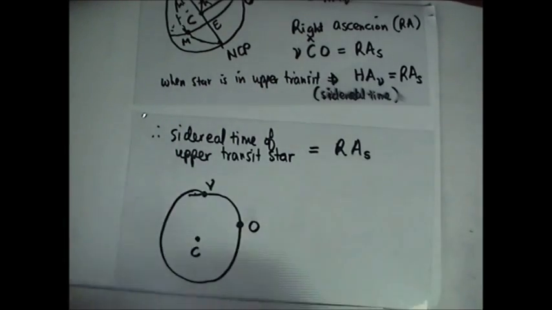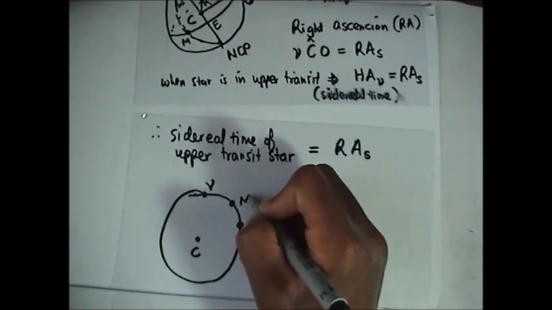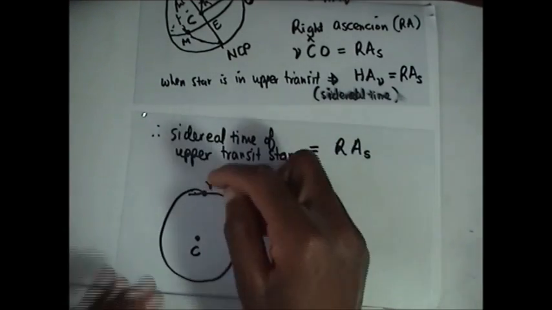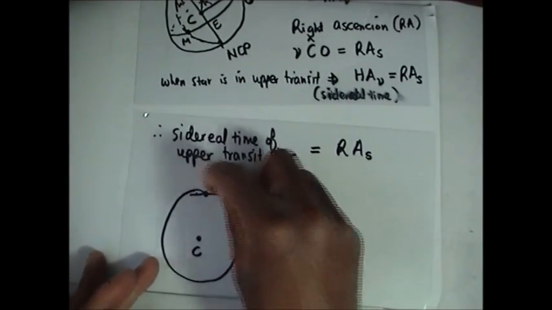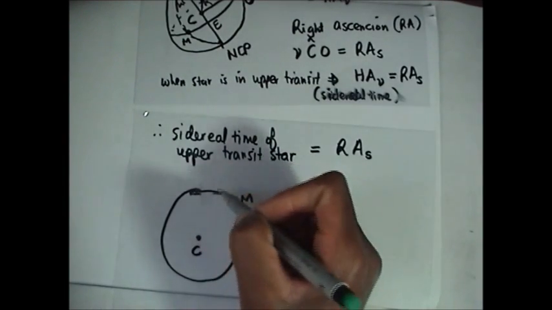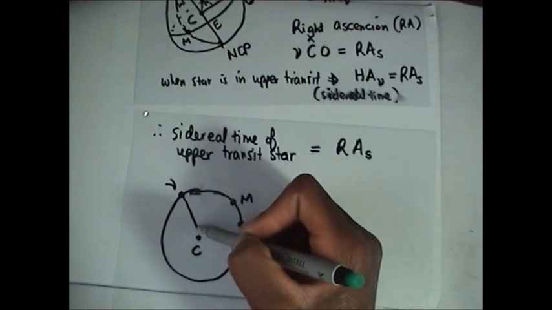After rotation again, after a few minutes or hours, our M will be there, because the particular star S has rotated as well as V. V would have also moved from where it was. V would be here because V moves with the celestial sphere.